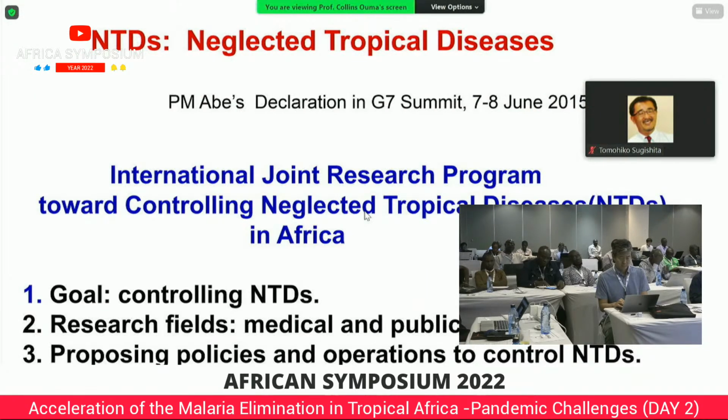The NTD, Neglected Tropical Diseases, project was proposed by Prime Minister Abe at the G7 summit in 2016. It is dedicated to supporting international scientific research for the control of NTDs. Next slide, please.